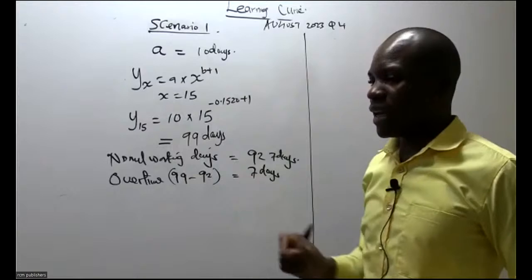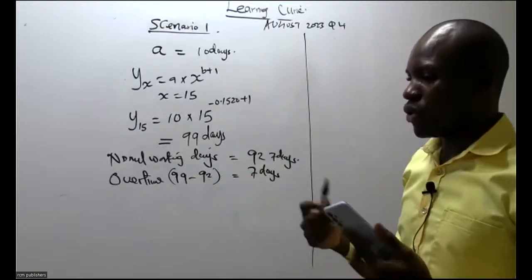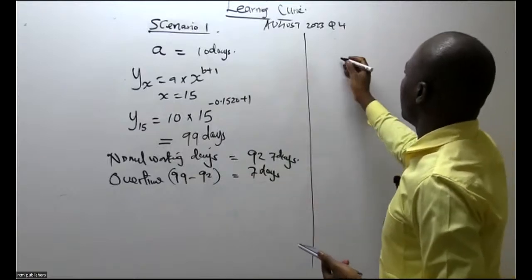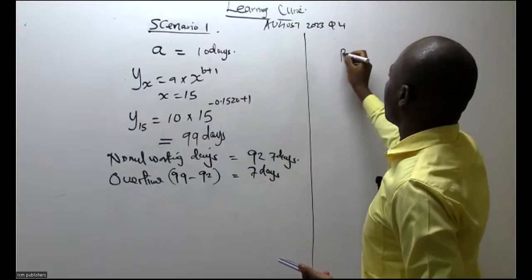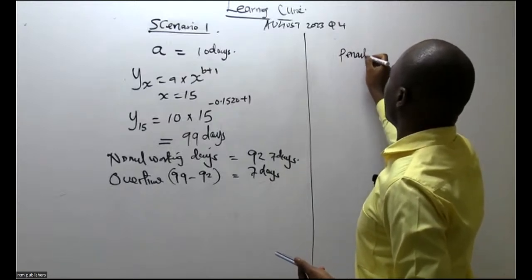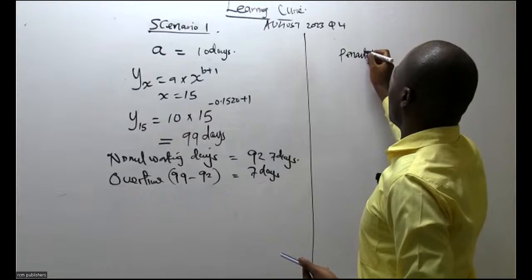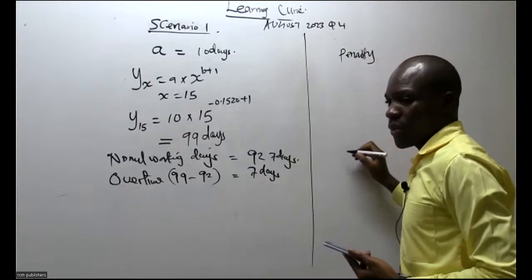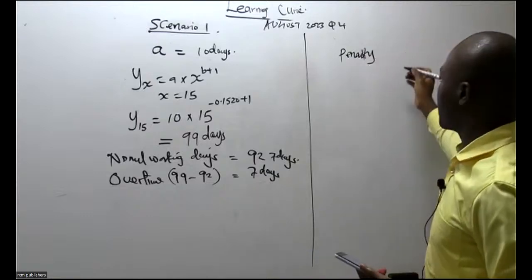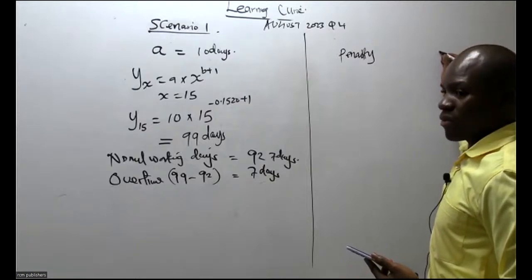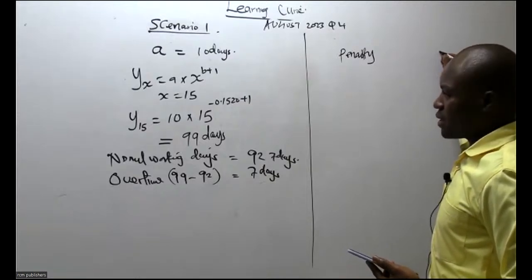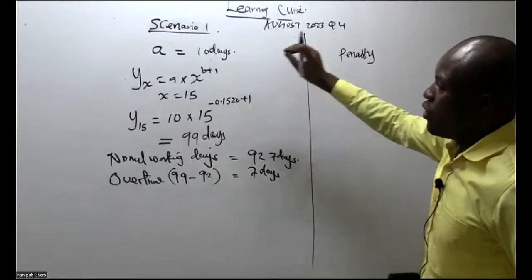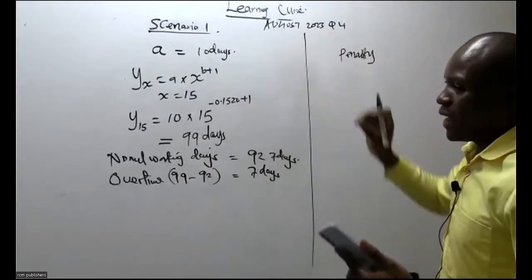So what will be the penalty? The cost of producing these buses. Are we able to see the penalty? Penalty per bus. Under this scenario, you are only penalized if you deliver late.